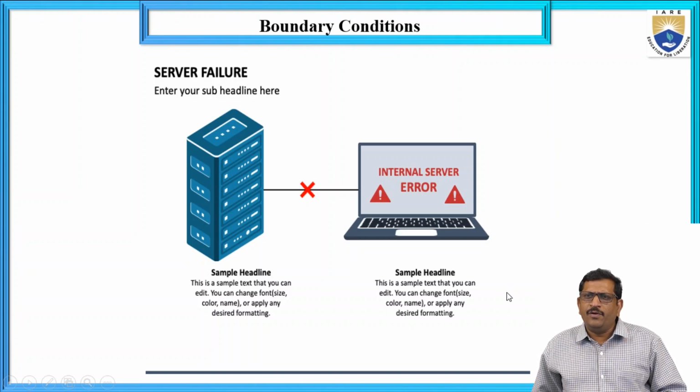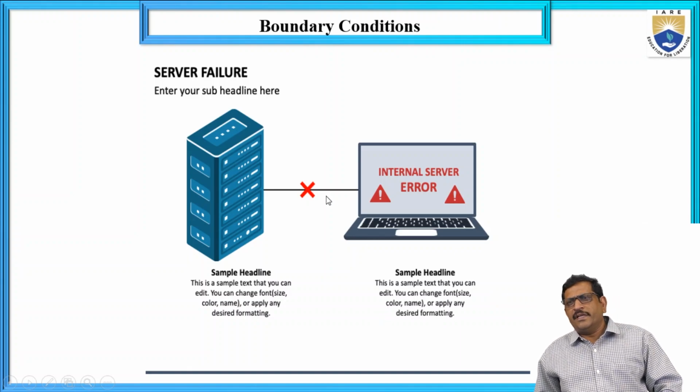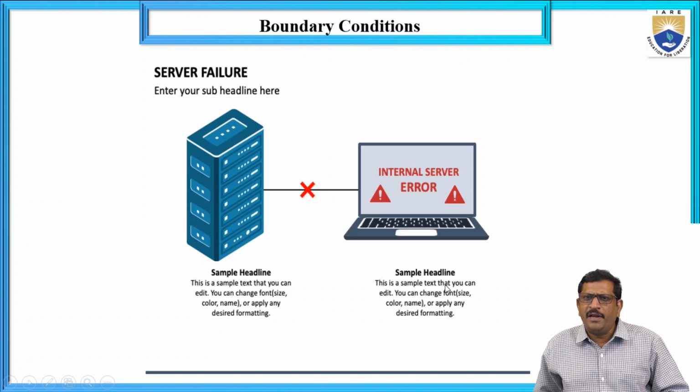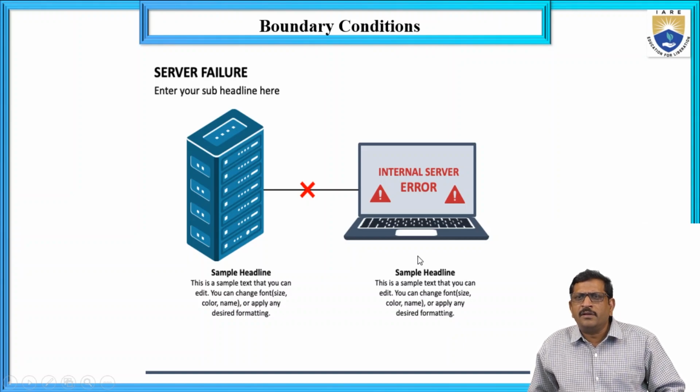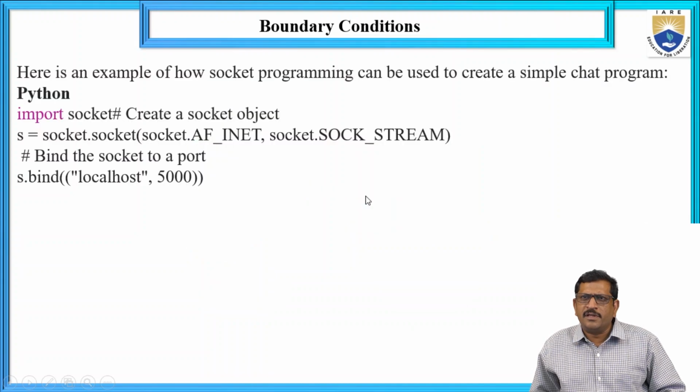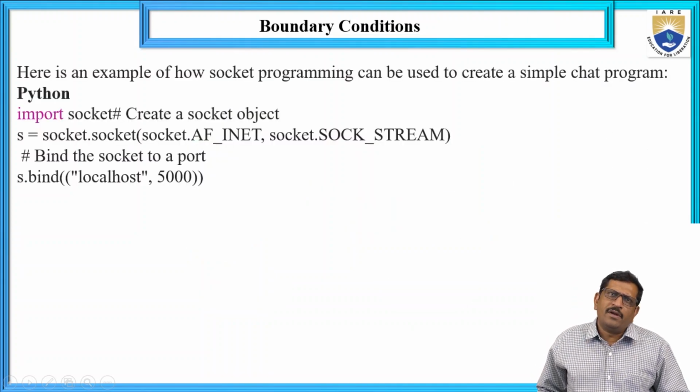At the client side, if you apply formatting to the sample heading, that means font size, color, name, it won't respond. Once the server has failed, whatever actions you perform, the server won't respond. These are the main server failures.